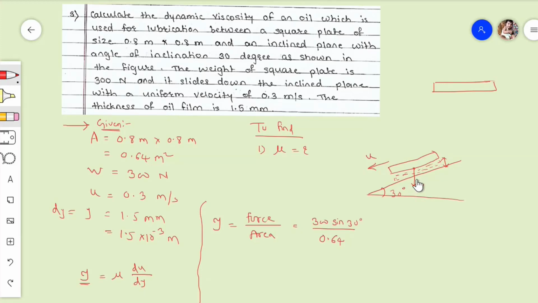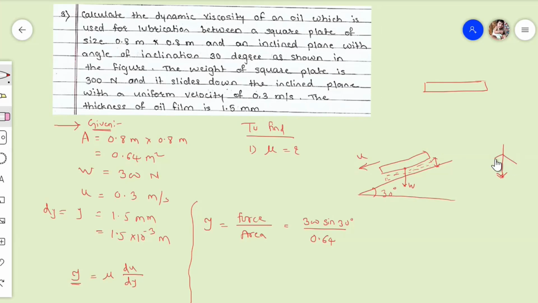So if you want, I will explain this a little more here. So this way your force is acting. This is 30 degree and this is force. So from this you can find out W is equal to 300 Newton.